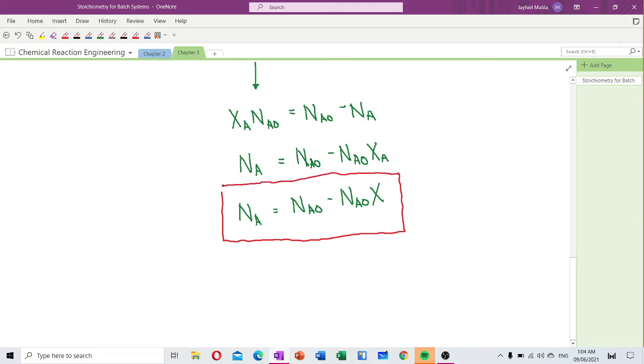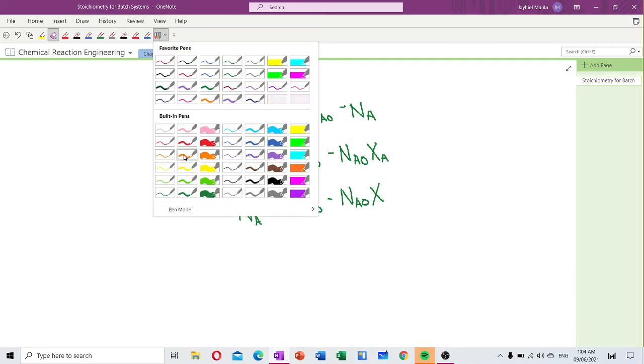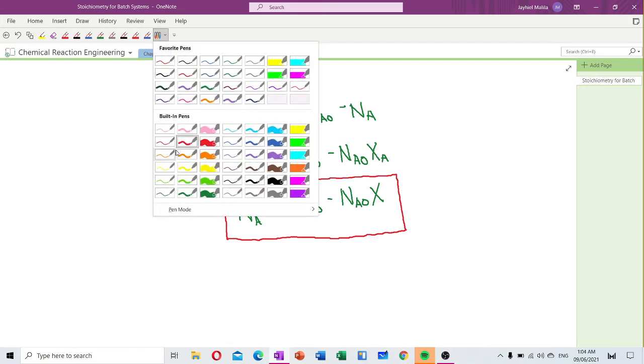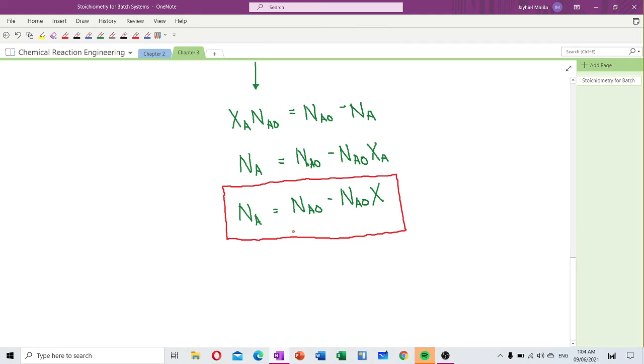So this is the relationship between the final value of your Na and the initial value of your Na, how they are related with respect to the conversion term.